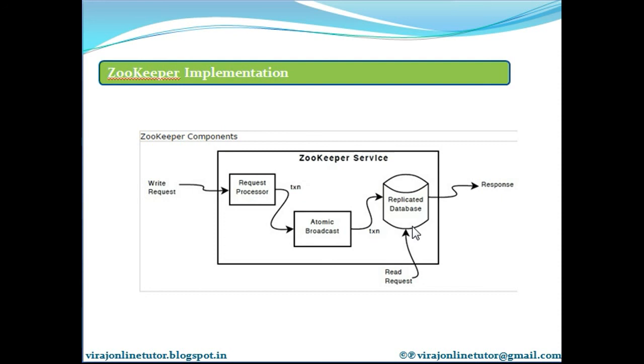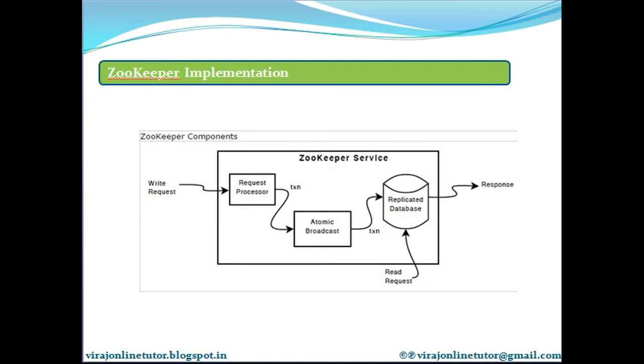Every Zookeeper server services the clients. Clients connect to exactly one server to submit the requests. Read requests are serviced from the local replica of each server's database. Requests that change the state of the service, write requests, are processed by an agreement protocol. As part of the agreement protocol, all the write requests from the clients are forwarded to a single server called the leader.